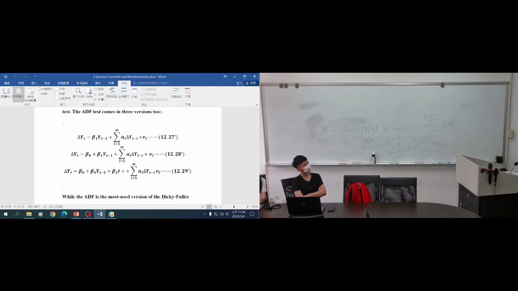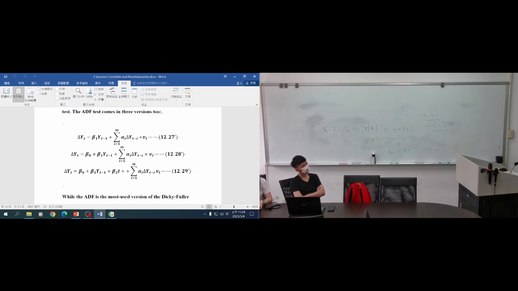So the augmented Dickey-Fuller test is to increase these terms. Did you see that? Do we have that in our textbook? No. In our textbook, they don't say augmented Dickey-Fuller test, but actually all this computer output is using the augmented Dickey-Fuller test.